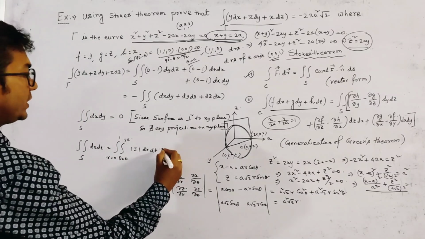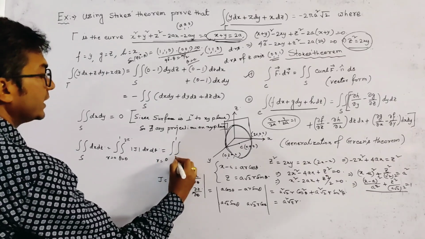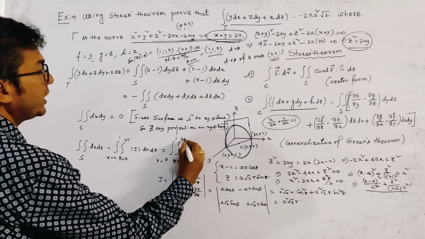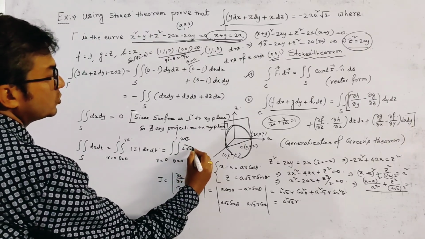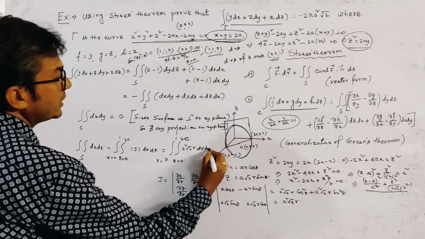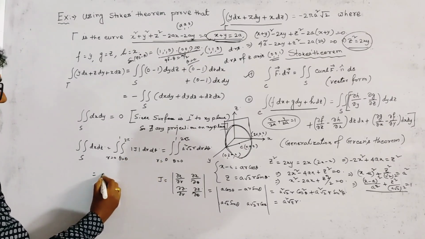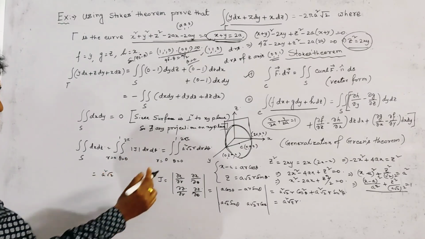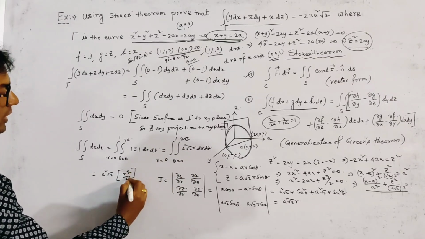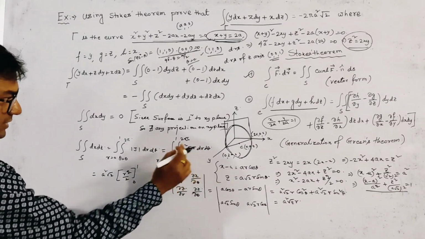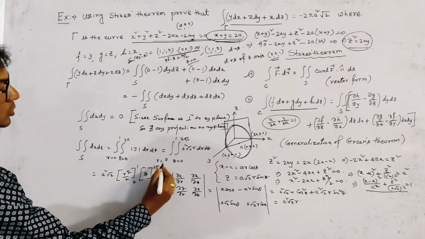Now put in the Jacobian. Here we get the integration of r from 0 to 1 and theta from 0 to 2 pi of a square root 2 r dr d theta. Integrating directly, we get a square root 2 into the integration of r, which is r square by 2 from 0 to 1, and the integration of d theta, which is theta from 0 to 2 pi.